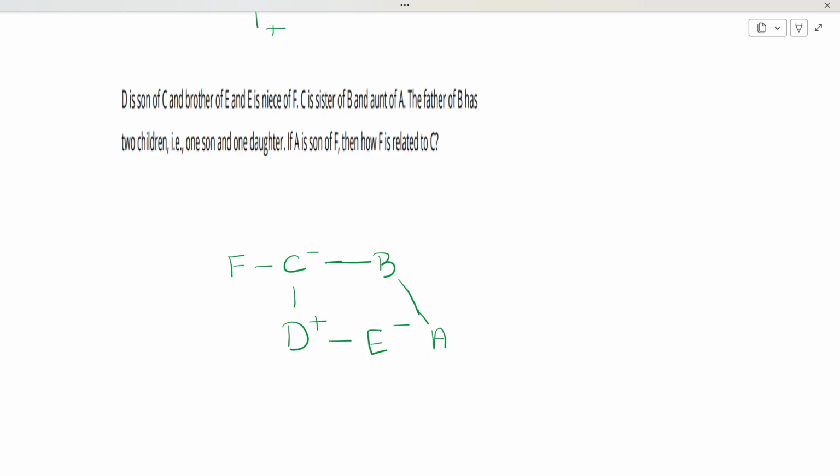Okay, understand this very carefully. The father of B has two children.